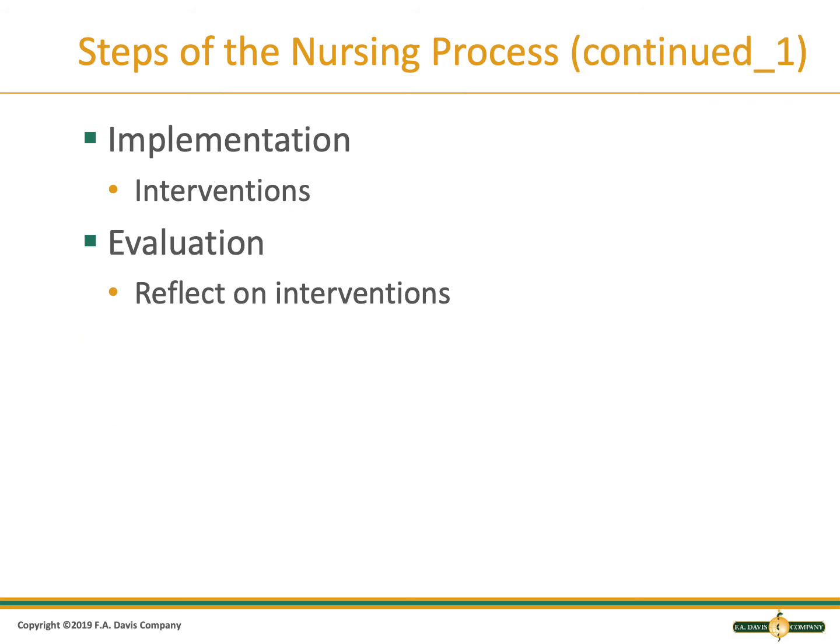The implementation phase is when you put your plan into action, carrying out the nursing interventions. And then evaluation is reflecting on the interventions that you've carried out and continually evaluating and reevaluating what is working for the patient, what they're accomplishing, and what they still need to accomplish as their goal.